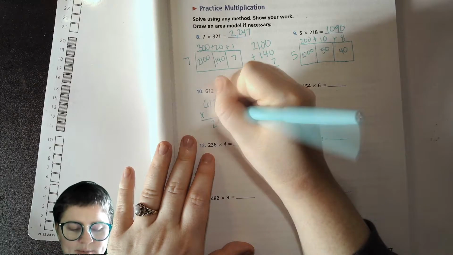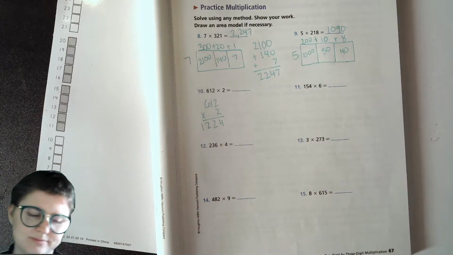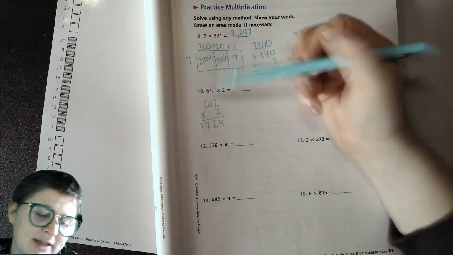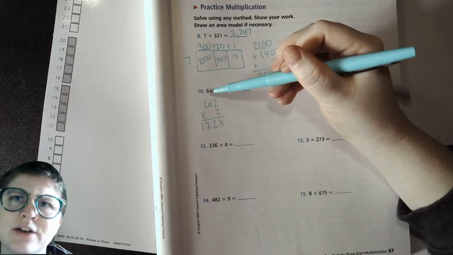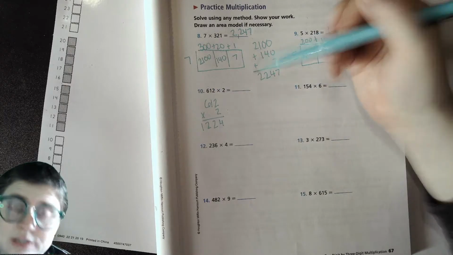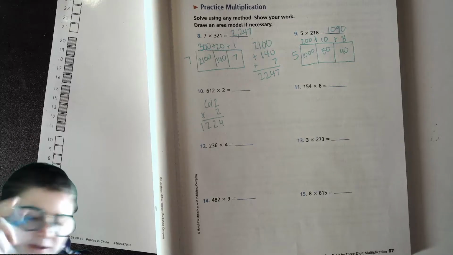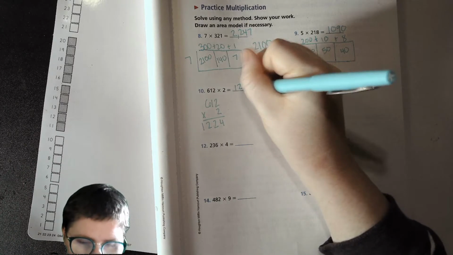And then 2 times 600 is 1,200. You get the same thing if you did it the other way as well. And if you think about it, let's do a quick little estimation. About 600 twice or doubled should be about 1,200, right? And that's what we have here. So 1,224.